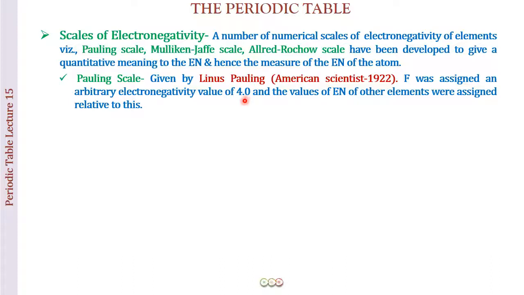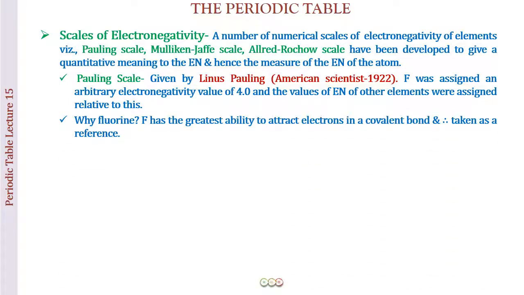And then the other elements he assigned values of electronegativity relative to fluorine. But the first question is, why fluorine? So fluorine was chosen to be arbitrarily assigned a value of electronegativity of 4, or we can say that fluorine was chosen to be a reference because fluorine has the greatest ability to attract electrons in a covalent bond.